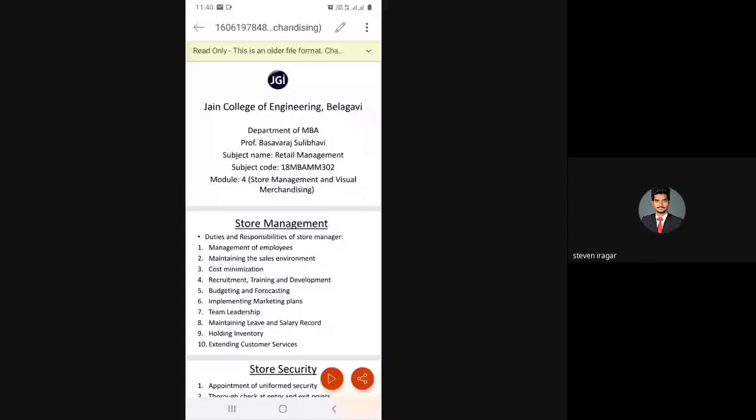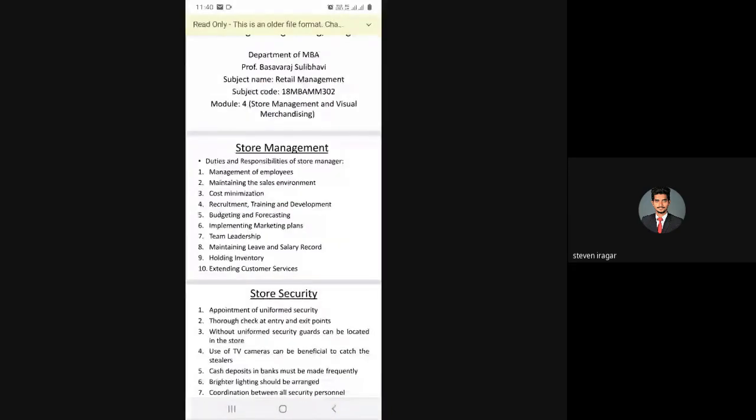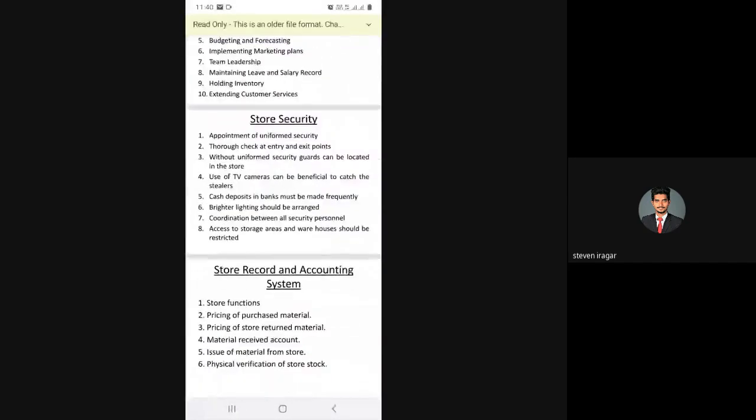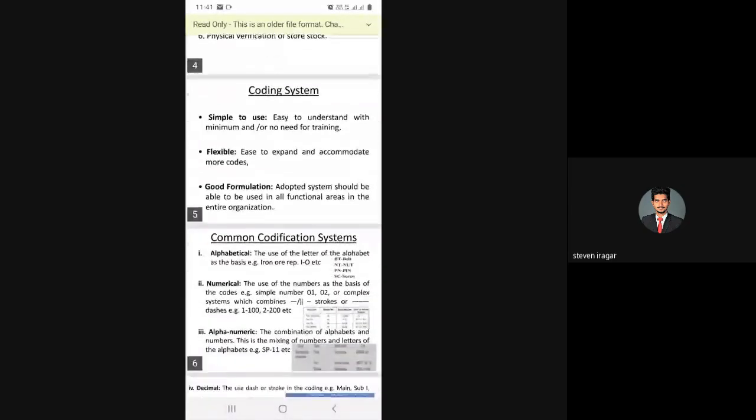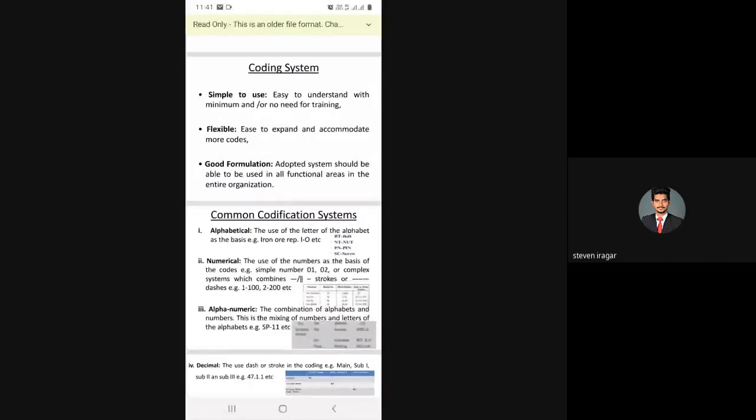In part 1, the first class of this module, we discussed the role of a store manager, how the store can be more secured, what type of store recording and accounting system can be followed in retail stores, as well as the coding systems used for identifying the products in the retail store and the inventory, and how best it can be made easily accessible for any retail executive whenever a customer comes to a retail store.